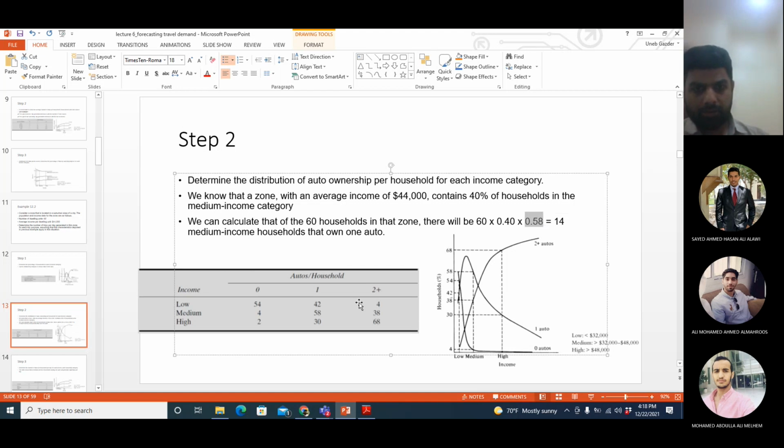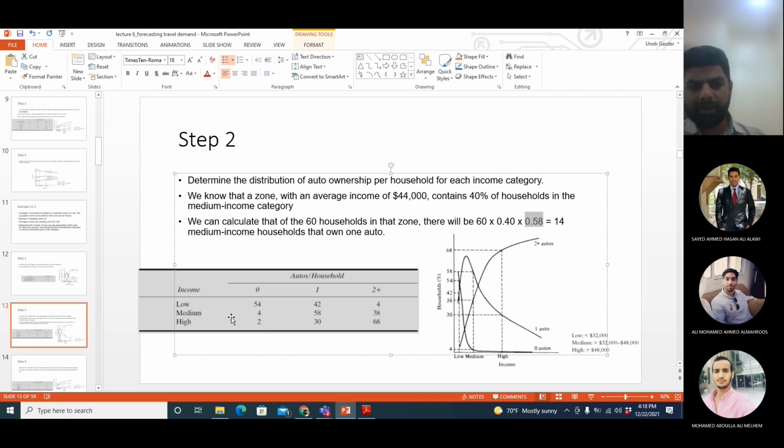Okay, so 38 plus 58 plus 4 will be how much? 38 plus 58 is 96, right? 96 plus 4. So for each category you will have 100%.